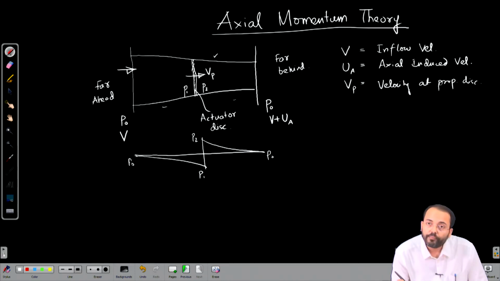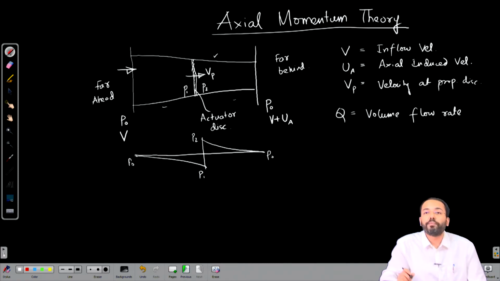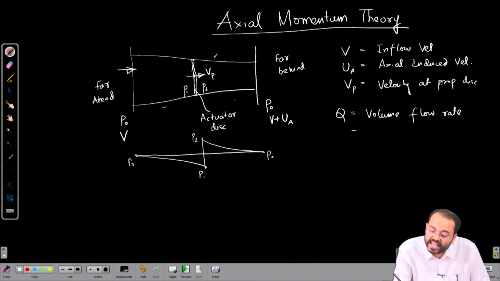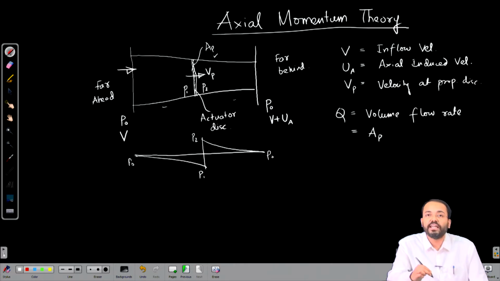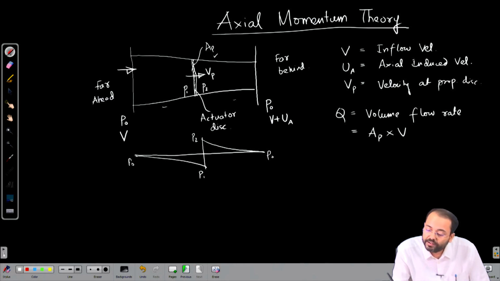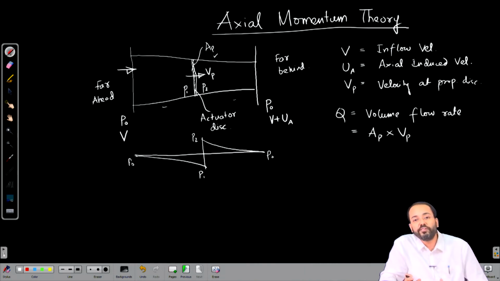Now, if Q is the volume flow rate through the propeller disc, how is Q defined? We can express Q as the area of the propeller disc, let us say AP, multiplied by the velocity of fluid at the propeller disc, because in the momentum theory assumption the velocity is uniformly distributed over the propeller disc.